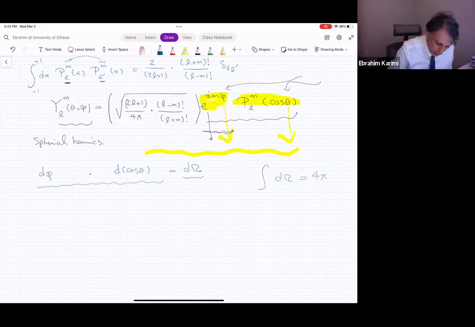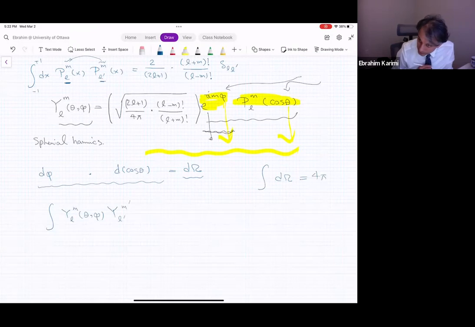Perfect. So now I will say that the integral of Y_lm(theta, phi) times Y_l'm'(theta, phi), both of them, d omega, one of them definitely needs a star, is equal to delta of l l' times delta of m m'.